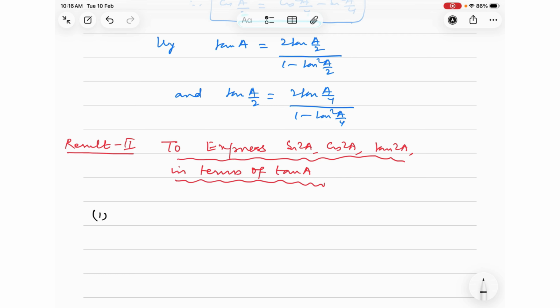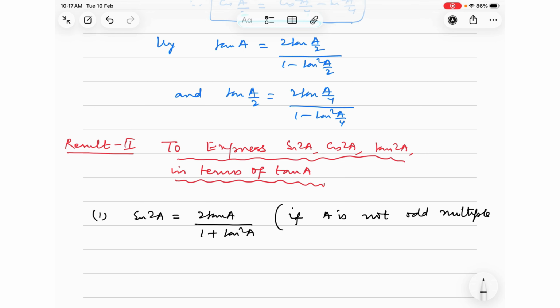So first result, sin 2A is equal to 2 tan A by 1 plus tan square A, if A is not an odd multiple of pi by 2, because otherwise tan will be undefined.